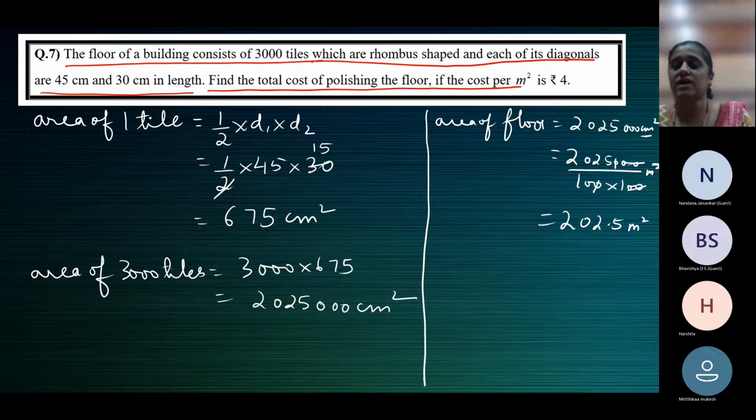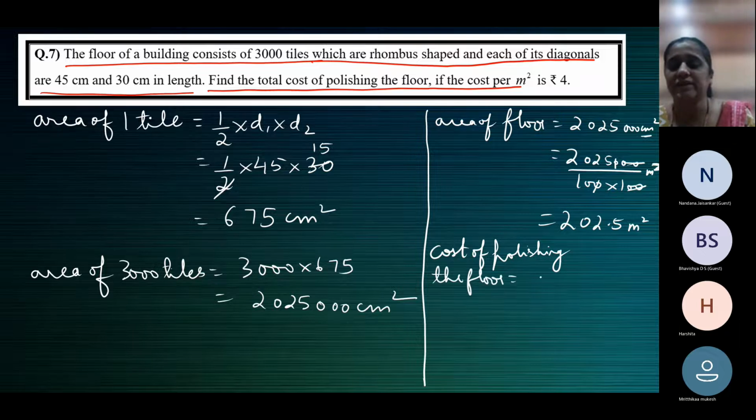Yes, ma'am. See, I've cancelled 3 zeros and then I have 2025 by 10. So when you divide by 10, it is 202.5 meters square. Just use a decimal point in the numerator. Now the cost of polishing the floor is equal to area into rate.